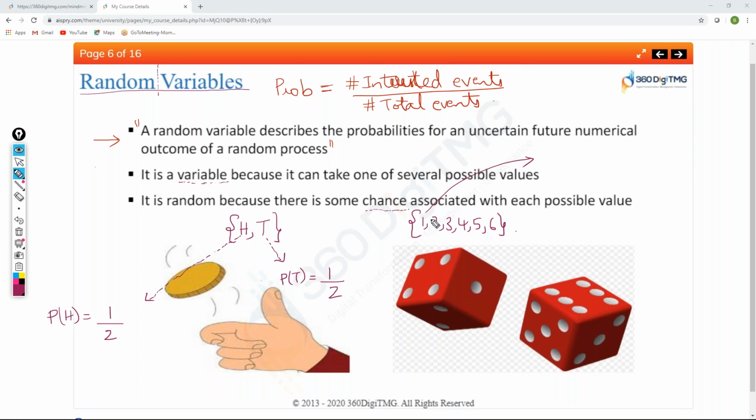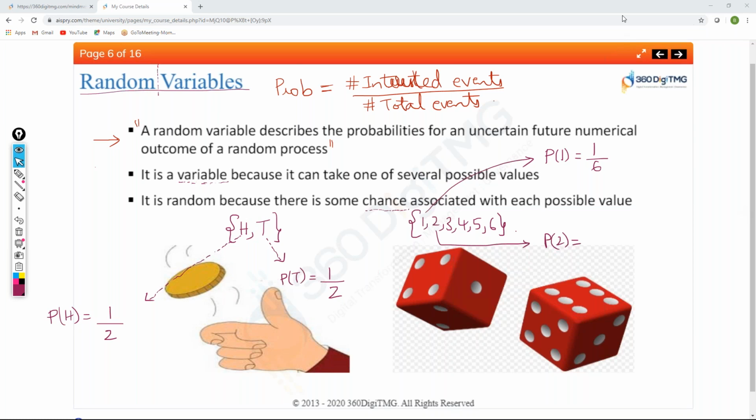When you look at a die, what is the probability of getting a 1? 1 is a single event divided by total number of events, which is 6. It's 1/6. Question to you all. What is the probability of getting a 2? Can you all answer?